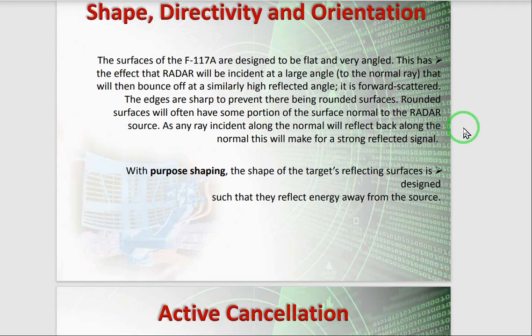The second point indicates that the surfaces of the stealth plane are designed in such a way that the signal or the reflection is highly scattered, in which it is very difficult to identify the object as well as the distance of the object.